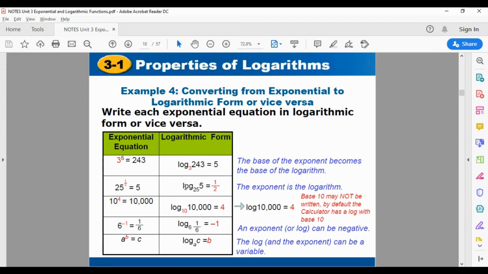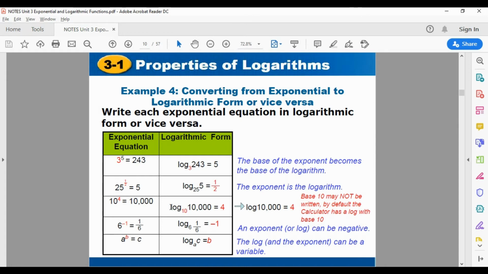For the next line, log base 25 of 5 is equal to 1/2 because 25 to the power of 1/2 is equal to 5. 10 to the power of 4 is equal to 10,000, that's a 1 with 4 zeros behind it, is equal to log base 10 of 10,000 equaling 4. They are equivalent relations.